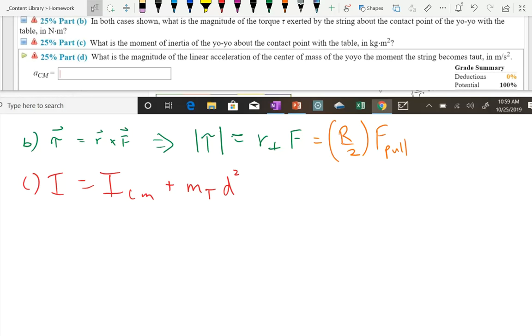So for part C, you just have that parallel axis theorem. So that's going to be your 17/16ths, not 16/17ths, 17/16ths capital M capital R squared plus my mass total, which was 2.5 capital M times the distance away from the center of mass.